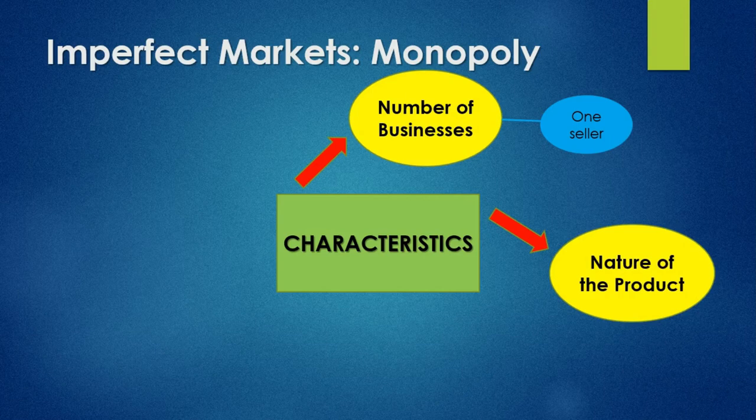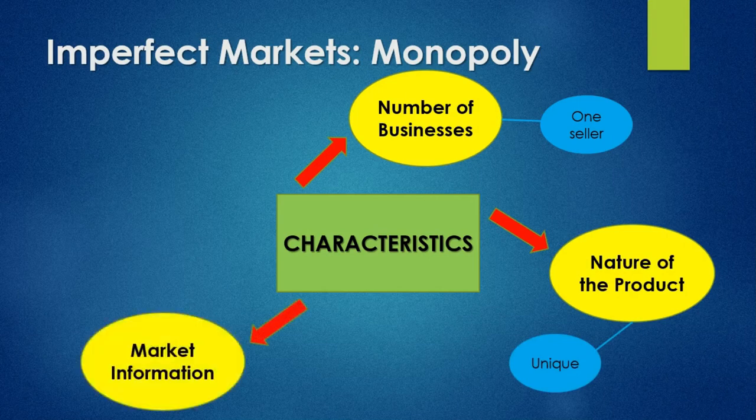They sell a very unique product, one which has no close substitutes. We look at the market information, and in a monopoly it's very clear what sort of trends are occurring, what sort of peaks are being seen, and this is called full market information.